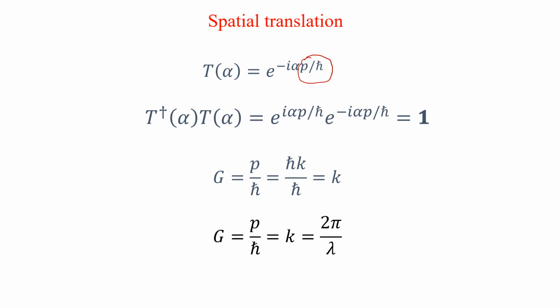So naturally, the generator has the dimension of inverse length. Alpha has the dimension of length, so that the exponential argument is a dimensionless quantity. So we know from this that alpha must have the dimension of length.